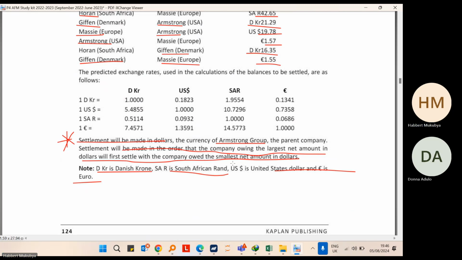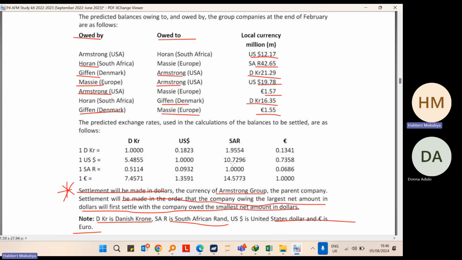So now, of course, Armstrong already is owing $12.17 million. That is okay. Then Oran is owing, but it's in South African rands. Then Giffen, and so on and so forth. So we are going to first of all determine these amounts in a given currency, which is going to be dollars.